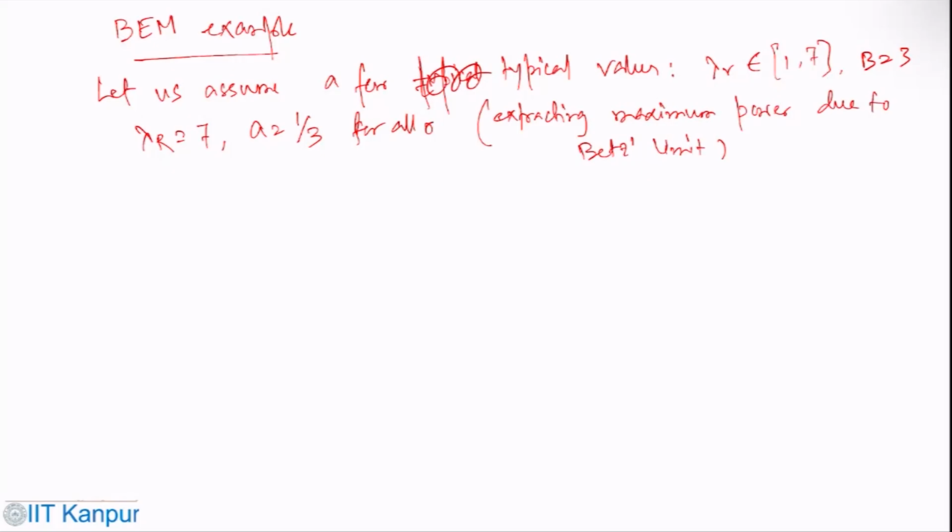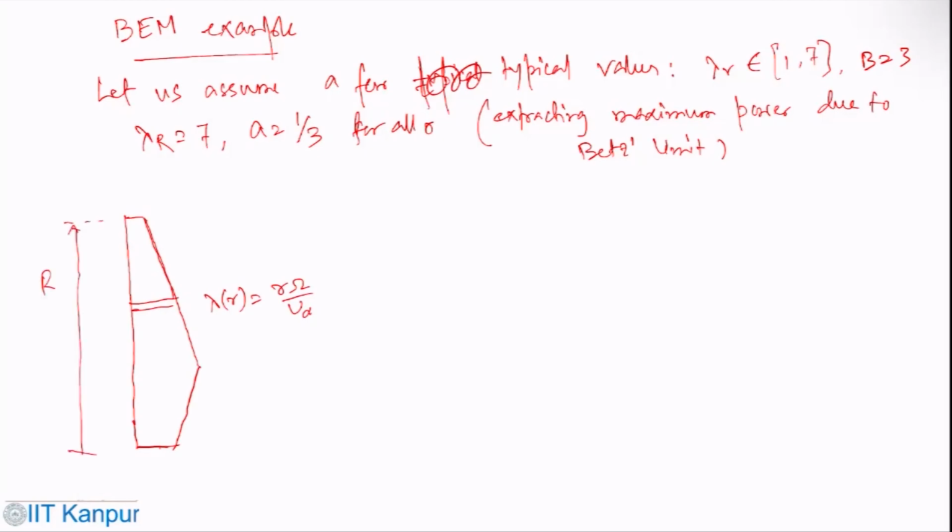So if I draw the system, so let's say this is some strip here where lambda of r is r omega by U infinity, and this distance is small r.